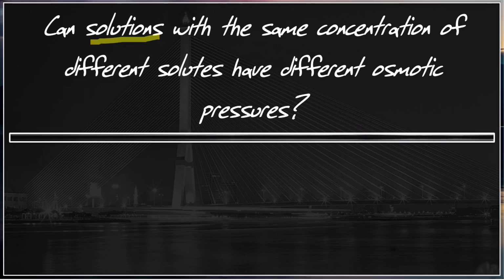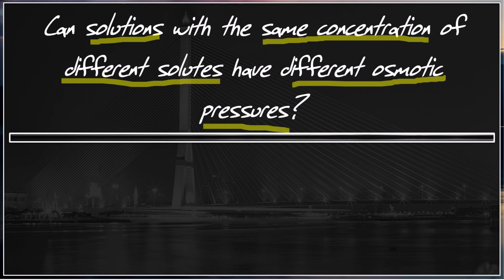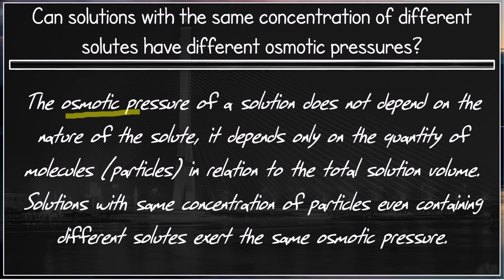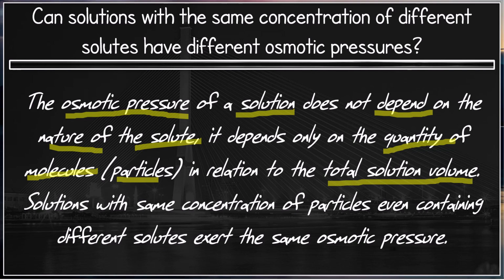Can solutions of the same concentration of different solutes have different osmotic pressure? The osmotic pressure of a solution does not depend on the nature of the solute. It depends only on the quantity of the molecules or particles in relation to the total solution volume.